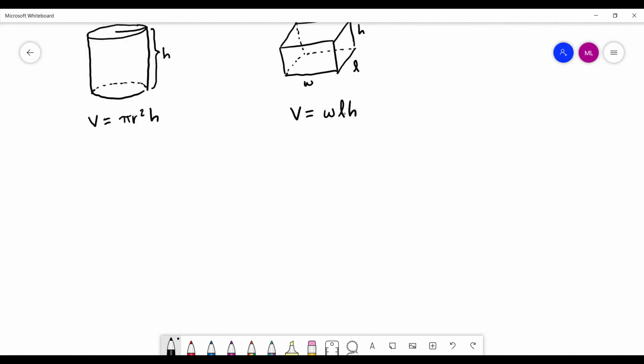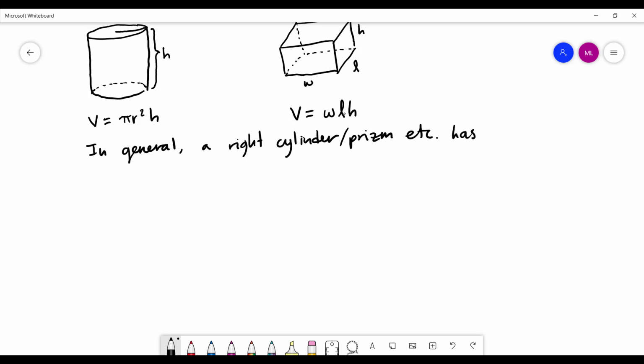So in general, a right cylinder, prism, etc. has a volume given by whatever the area of the base is times the height.